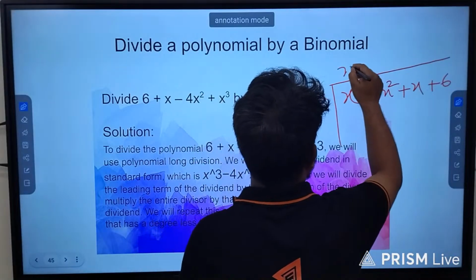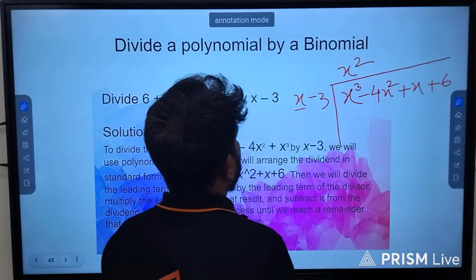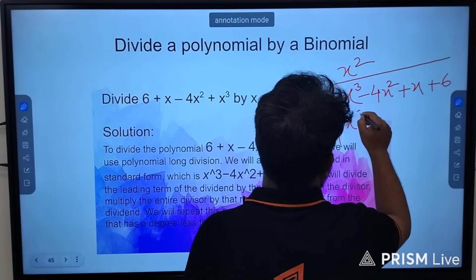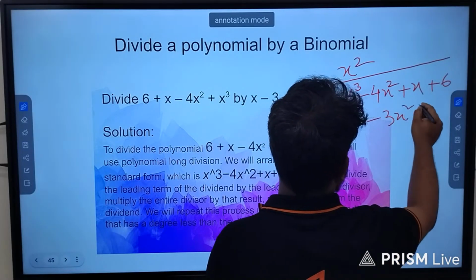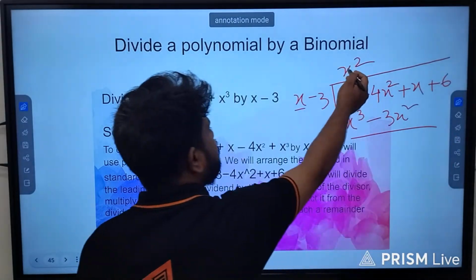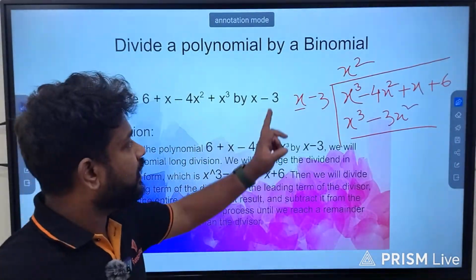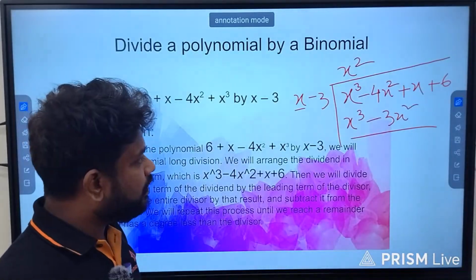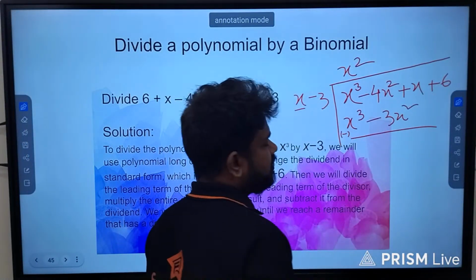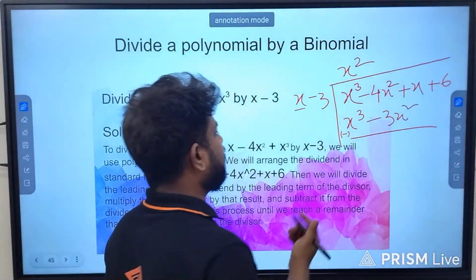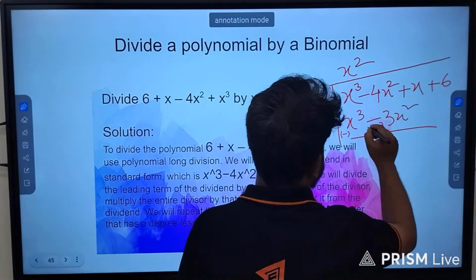So if I take x square, we will be getting x cube minus 3x square. Okay, so x square will be multiplied with x and 3, both of them, and after that we have to subtract this. It will be minus, the signs will get changed.